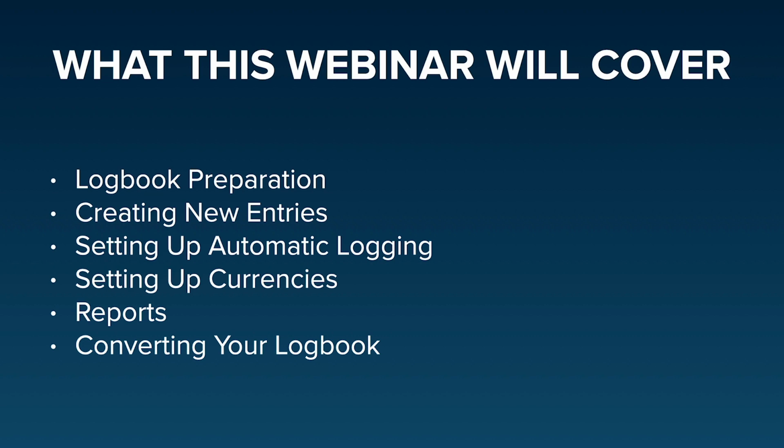We're going to talk about setting up currencies so that I'm always up to date on what my latest currencies are and I never fall out of those currencies. We're going to talk about running reports so that I can get better insights out of my logbook. And then Joe's going to talk about getting your logbook converted from paper or a different logbook style so that all your past flights come with you into ForeFlight and you can start taking advantage of everything.